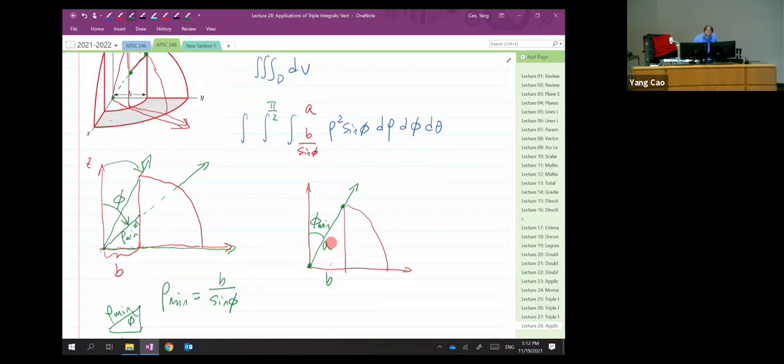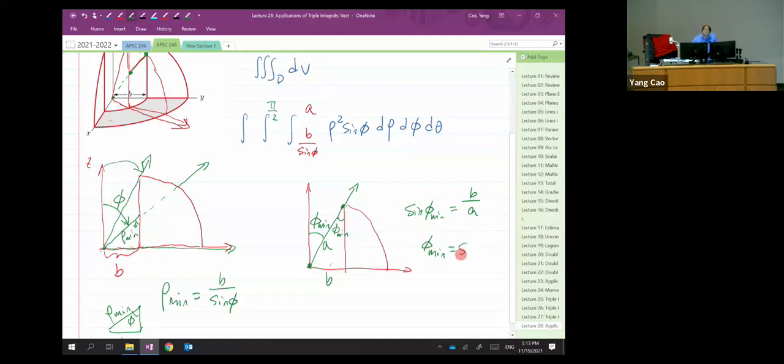So then use a simple trigonometric relation. If this is phi min, this must be phi min too, right? So now we have sine phi min equal to B over A. Then if you have the number for B over A, of course, you can calculate the inverse of the sine.